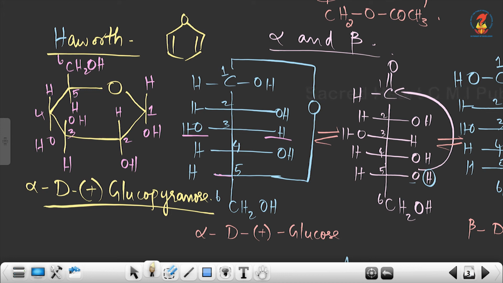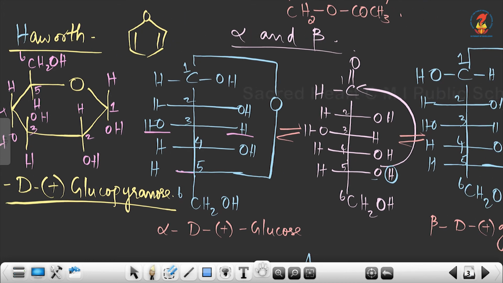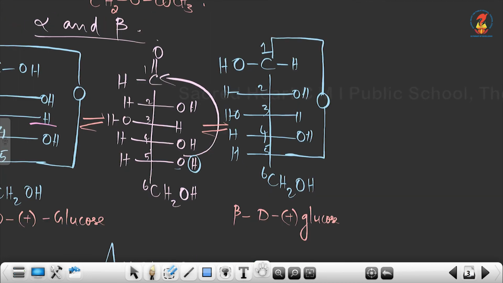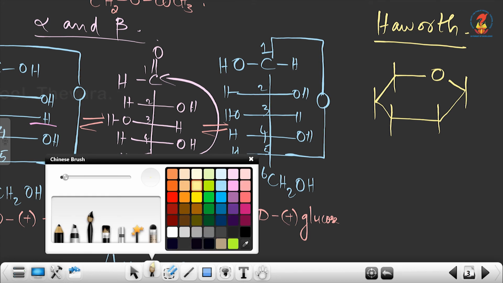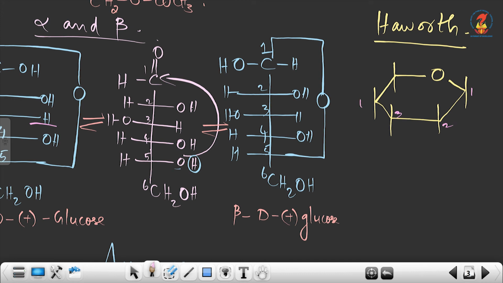Now let's draw the Haworth structure for beta glucose. To draw the beta glucose Haworth structure, again we have oxygen and then draw the 5-membered ring, 1, 2, 3, 4, 5. Now you have to number the carbon atoms: 1, 2, 3, 4, 5, and the 6th carbon is here, CH2OH.